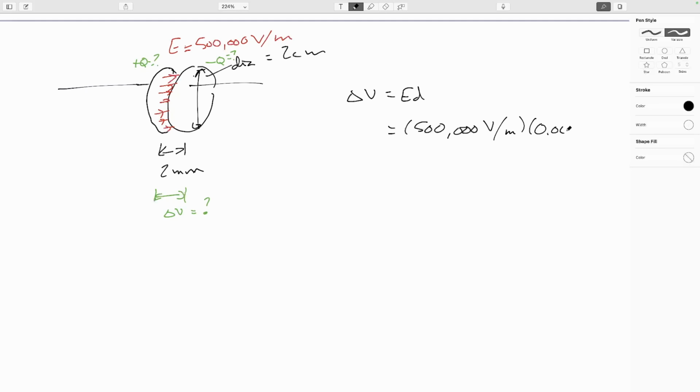So that's 0.002 meters to give us a nice round 1,000 volt potential difference, which is a value that can happen in electrical applications. So it is a reasonable thing. Now, as far as the charge held, we would say that Q equals C delta V. And we will put in that C is epsilon naught A over D. Since I didn't specify a dielectric, we'll just assume that the dielectric constant is 1.